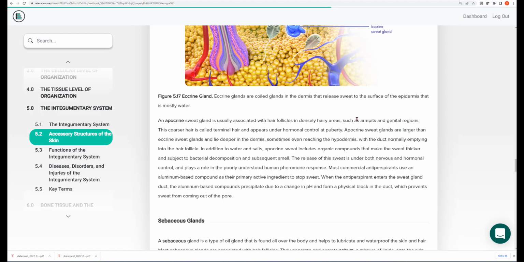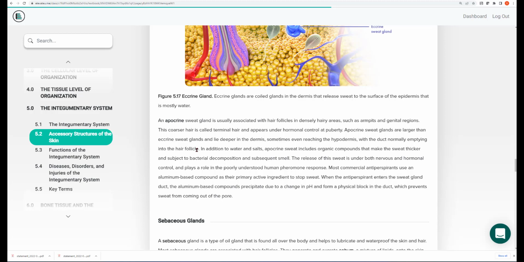These are the places where we have terminal hair following puberty. This coarser terminal hair is under hormonal control, and these sweat glands empty usually along a hair follicle. So where the hair of the armpit and the genitals are, these sweat glands come up alongside those hairs.